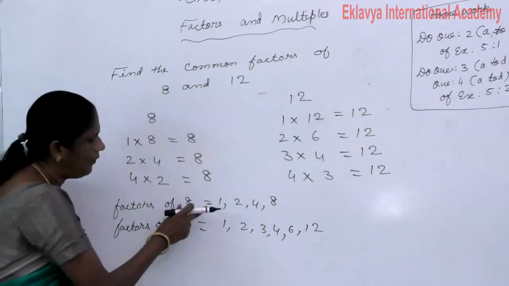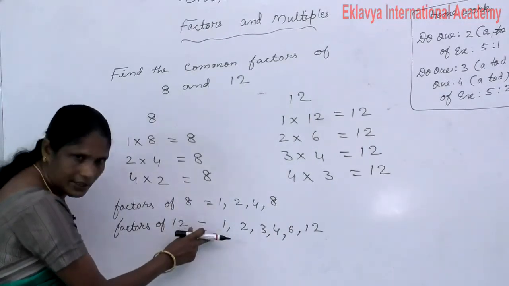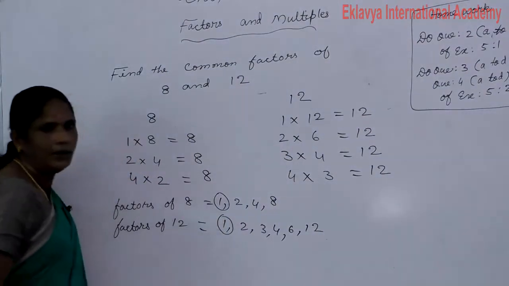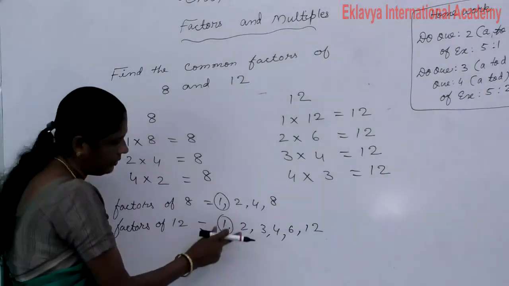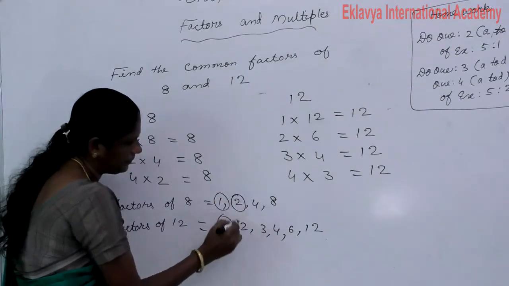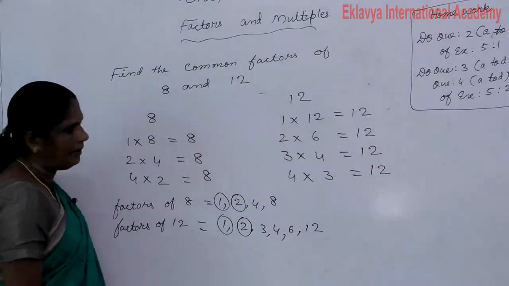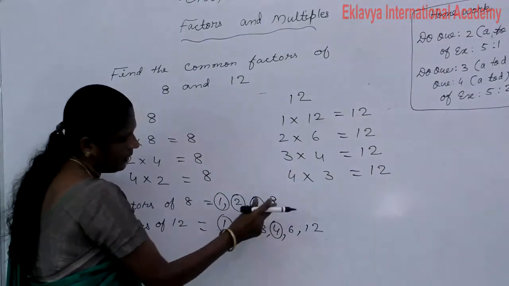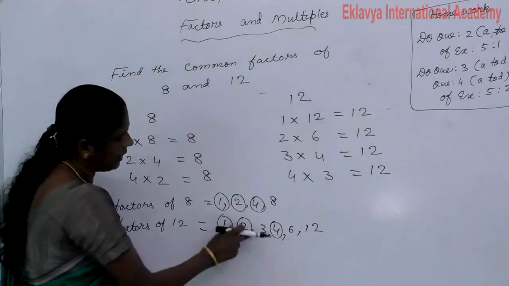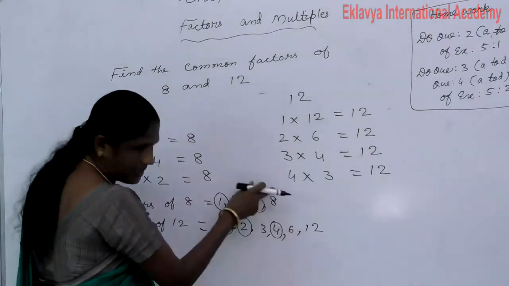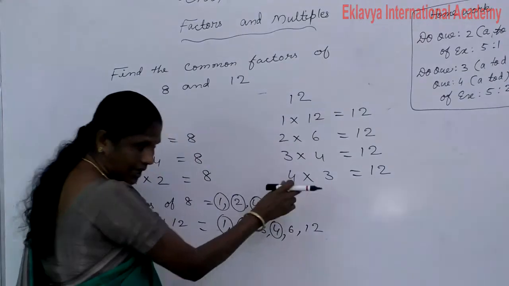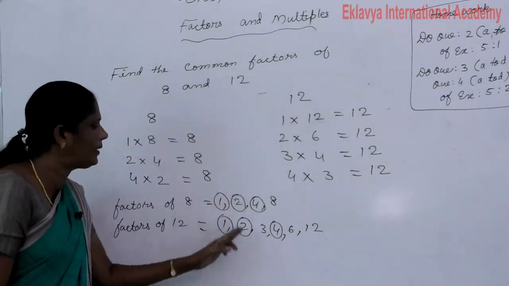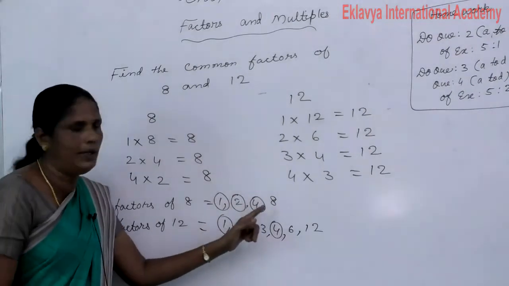Look here, 1 is here, 1 here also. Then you circle. Then 2 here, 2 here also. Then 4 here, 4 here also. 8 is here, no. 3 is here, no. 6 is here, no. 12 is here, no. We circle the common factors 1, 2 and 4.